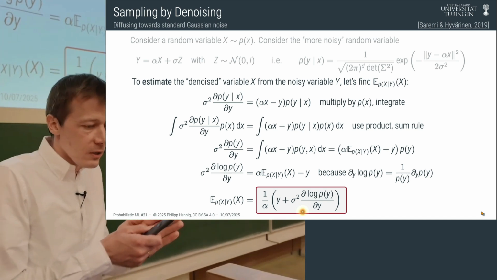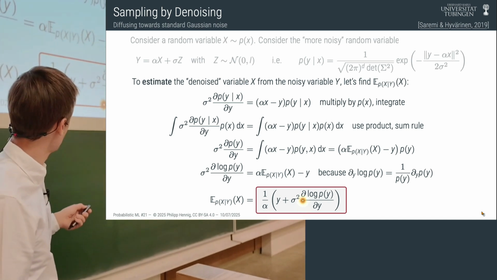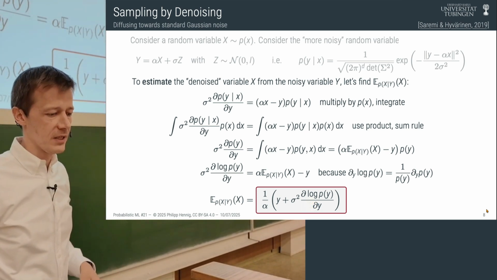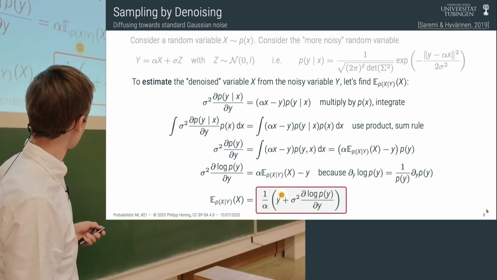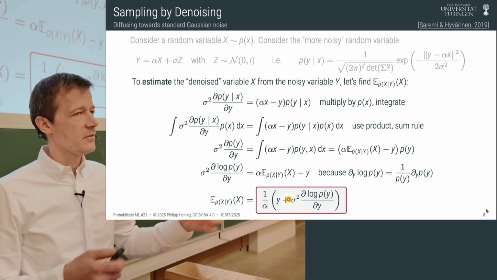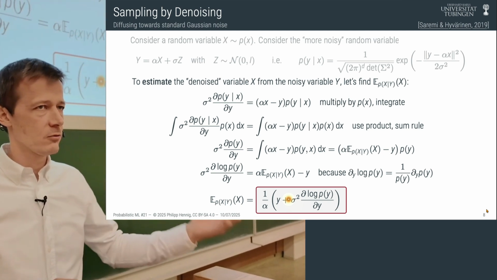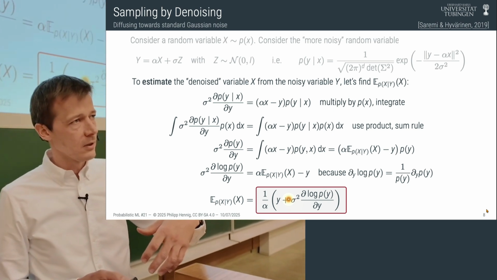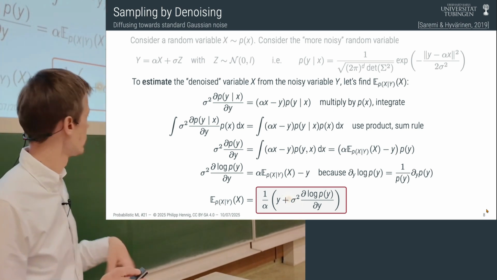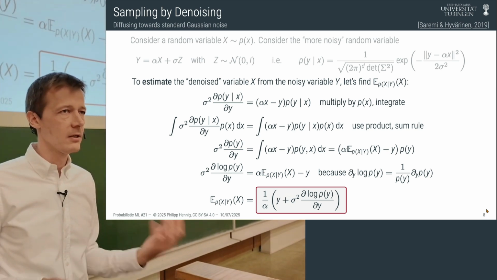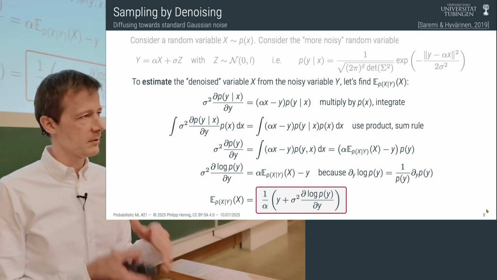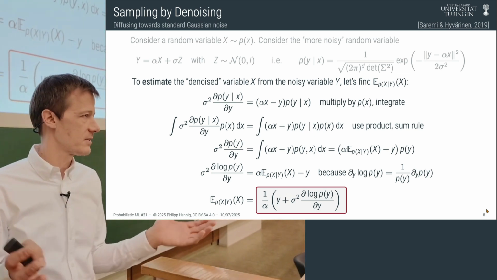So we go towards, this contains some information about where the X was, because it's this smoothed out version of P of X. And there's a sigma in here, which is the amount of noise. If there's high noise, if a lot has been done to X to get to Y, we need to correct a lot. And if nothing has been done to X to get to Y, then sigma is 0, and we can just use our Y, divided by alpha, to get back to X. So that would be easy, but obviously we want some noise, because otherwise it's not more Gaussian, and then this entire thing makes no sense.